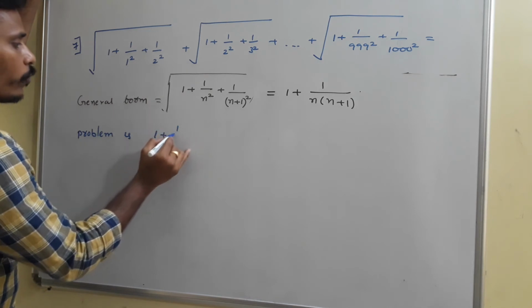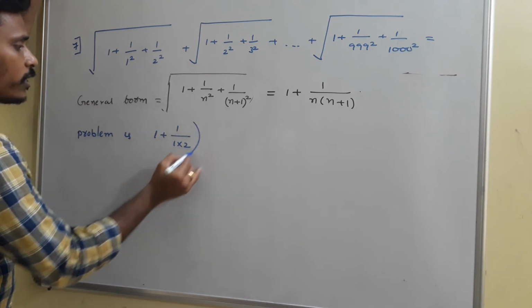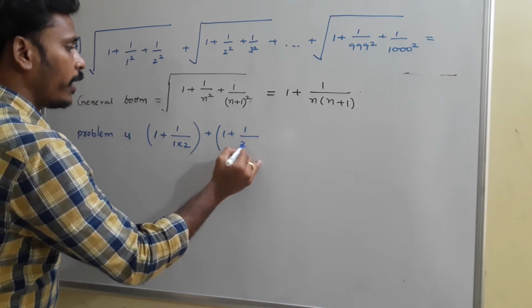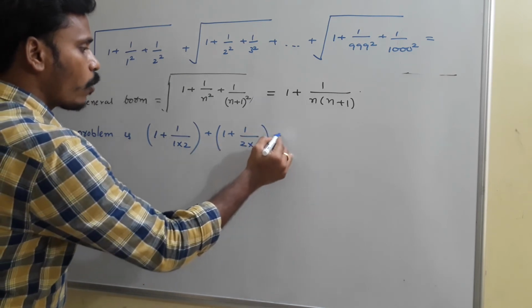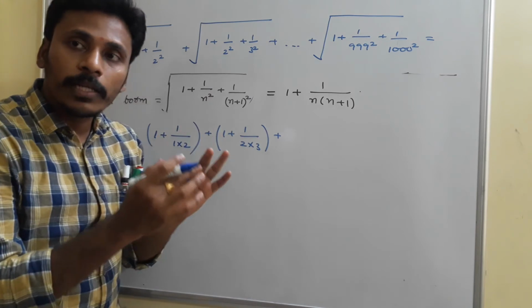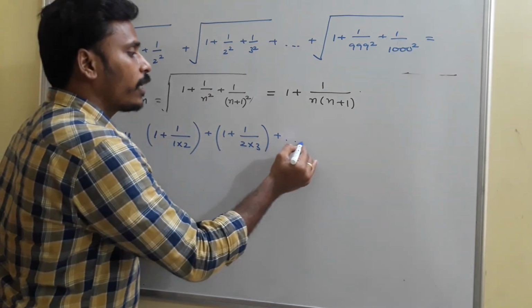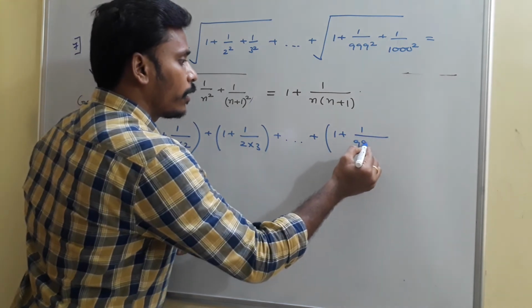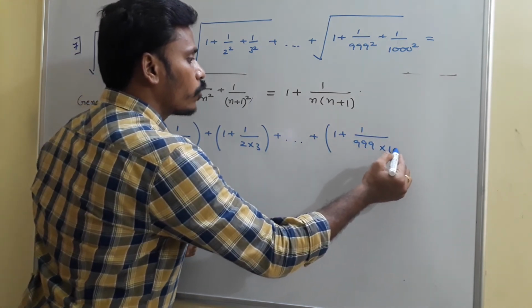So 1 plus 1 by 1 into 2. This is the first term. Plus the second term, 1 plus 1 by 2 into 3, and the third term, 1 plus 1 by 3 into 4. Like that, if you proceed, the last term is 1 plus 1 by 999 into 1000.